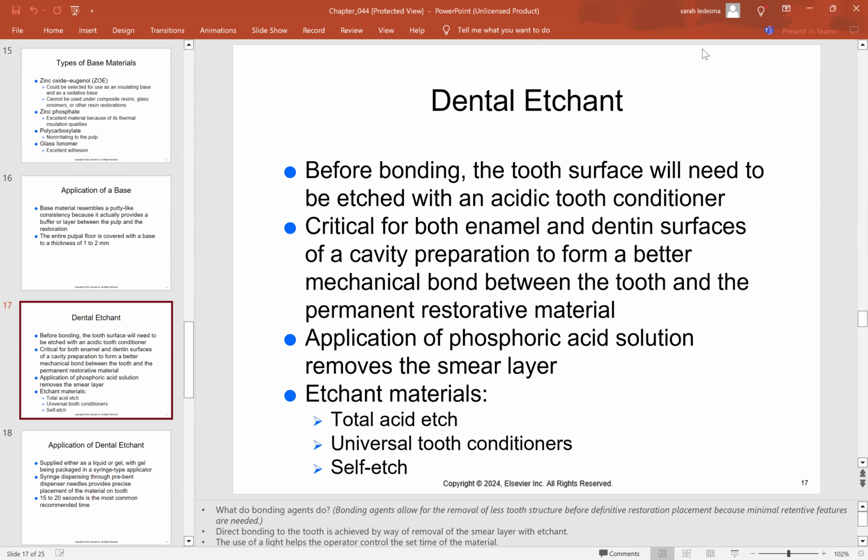Next, we talk about dental etchant. Before bonding, the tooth surface will need to be etched with an acidic tooth conditioner. This is critical for both enamel and the dentin surfaces. This is the application of phosphoric acid solution, and that's going to remove the smear layer, and also it creates a mechanical effect with the bond.